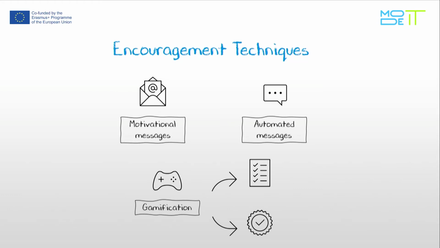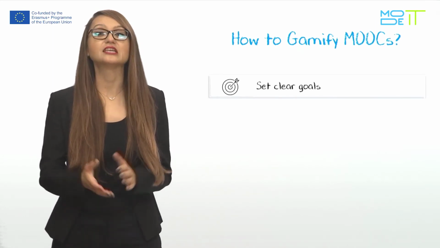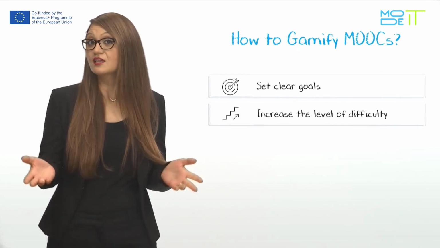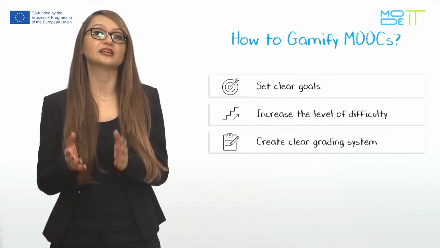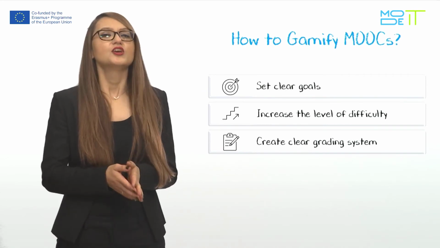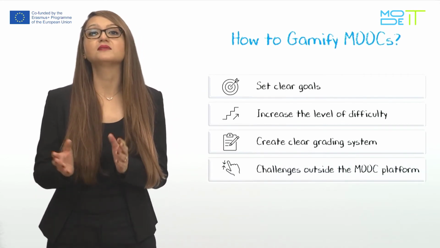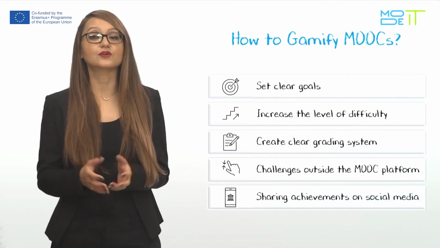To gamify the MOOC, you need to set clear goals for each module. You can increase the difficulty level with each module, create a clear grading system for both individual tasks and peer evaluation. You can even introduce challenges outside the MOOC platform, and enable learners to share their status or course completion on social networking sites.